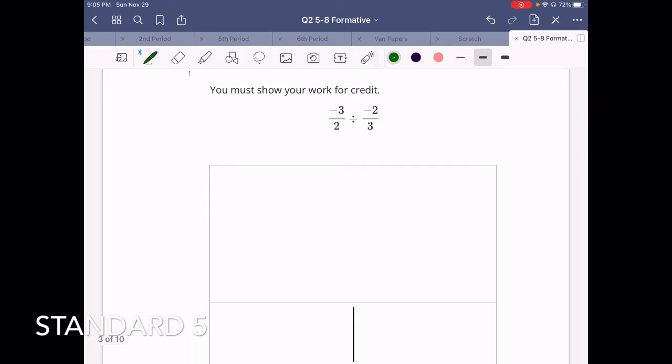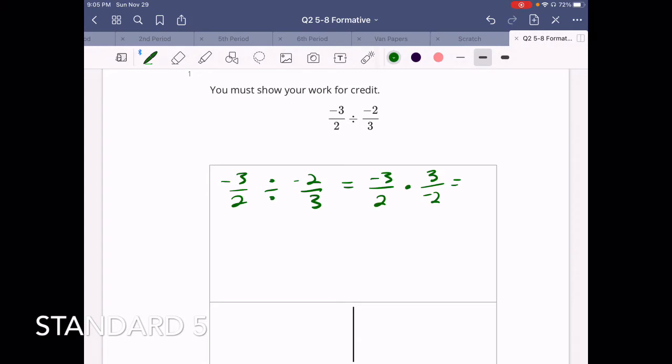Now we have negatives. -3/2 divided by -2/3. Some of you might be tempted to cross simplify this, but we cannot. You can only cross simplify when you're multiplying, and instead of dividing by -2/3, I'm going to be multiplying by 3 over -2.